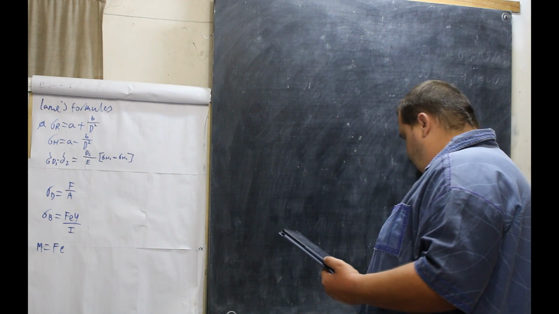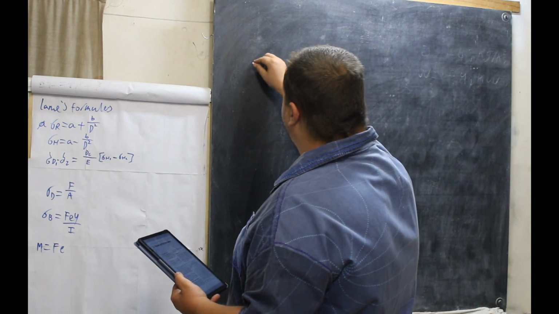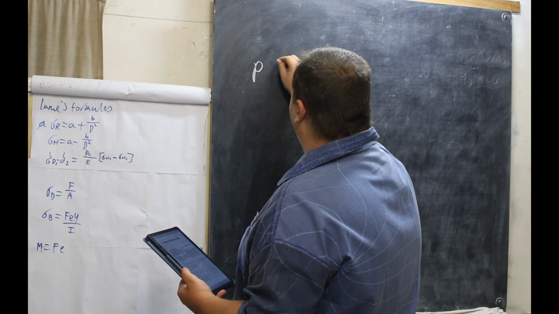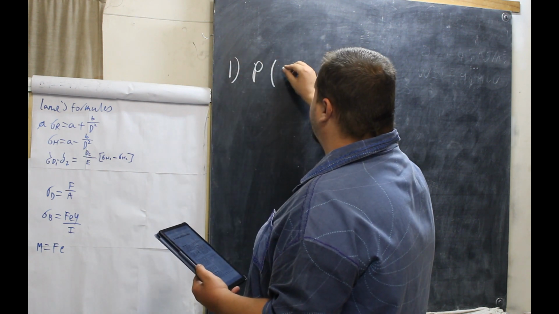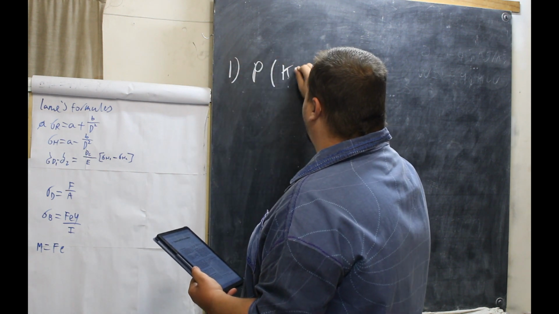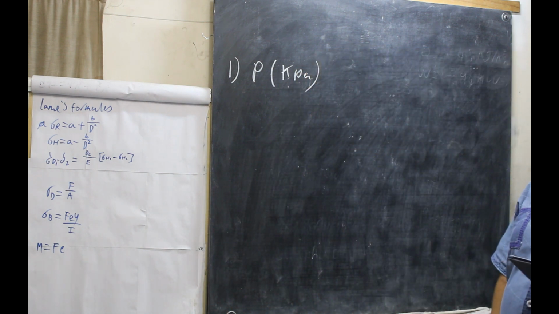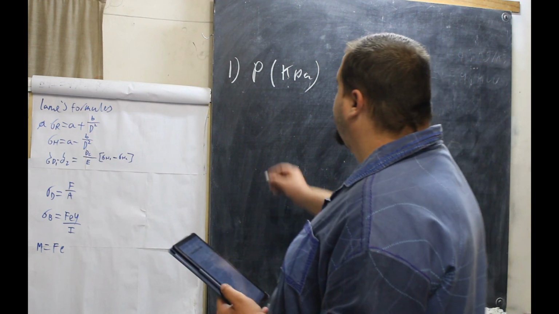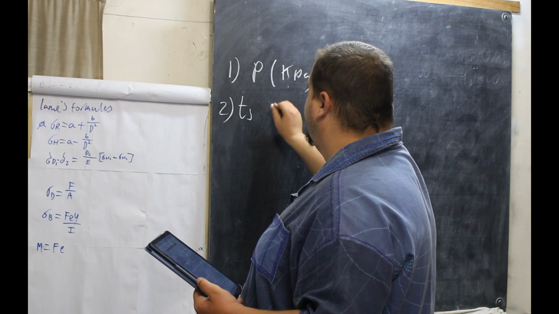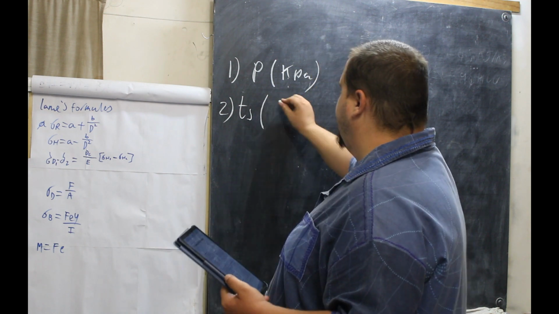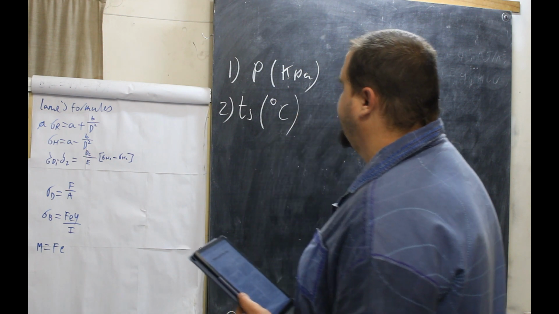First thing we look at, number 1, is pressure, which is measured in kPa, kilopascals. The next one we look at is number 2, TS. That is saturation temperature, in degrees C.